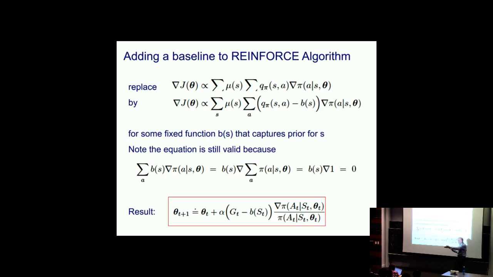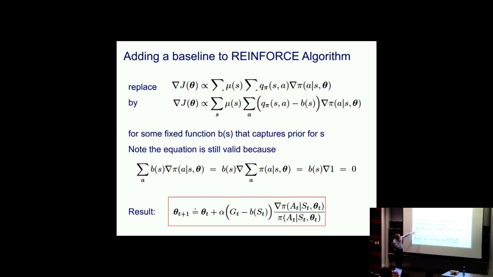One reason the advantage function was a good idea is that the values of those differences vary a whole lot less than the actual values over different states. So the difference from state s_t to s_t plus 1 is generally, if you collect all those samples, a sample with a much lower variance than if you collect all the actual values instead of value differences. And it's the same thing here. So the idea of adding a baseline that captures the prior for s is to do that.